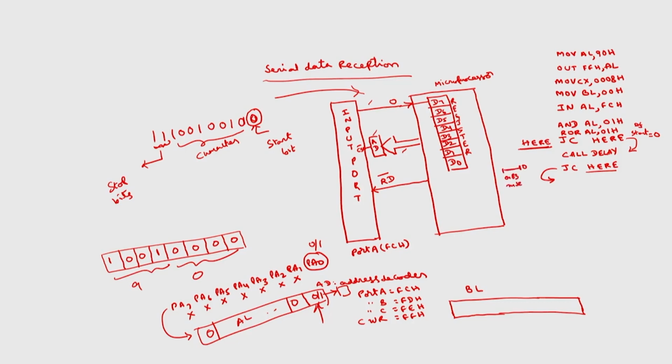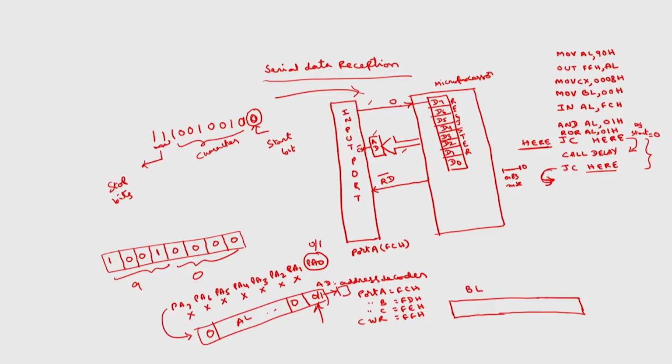Then I will check for the first bit of the character. Otherwise, this will wait here in the loop until a valid start bit is received. Once it comes out of the loop, a valid start bit has been received. Now, I have to check for the character bits.